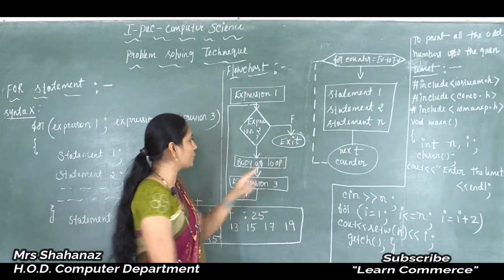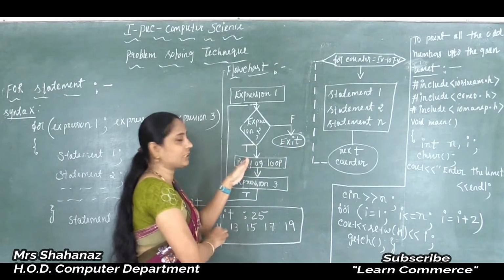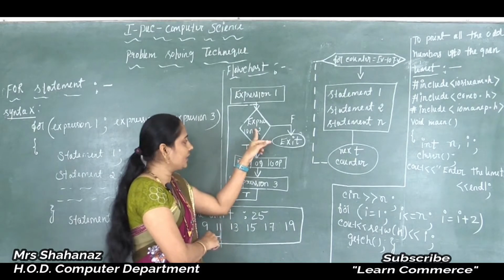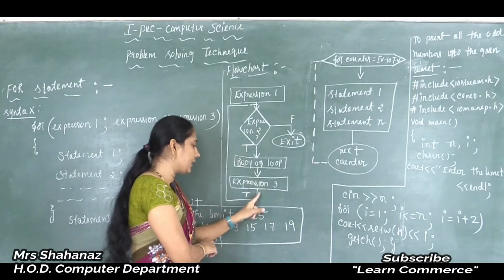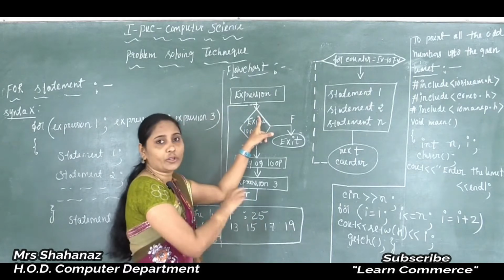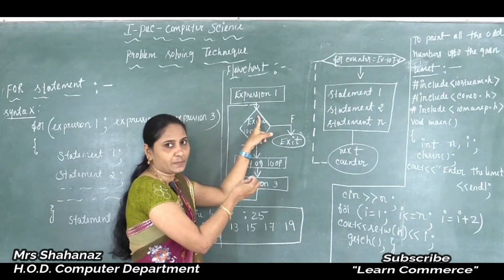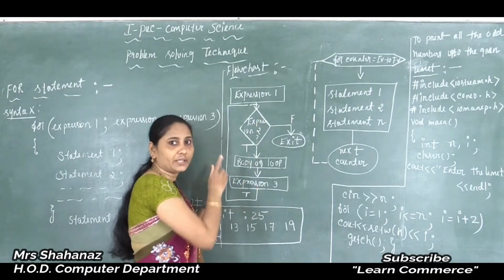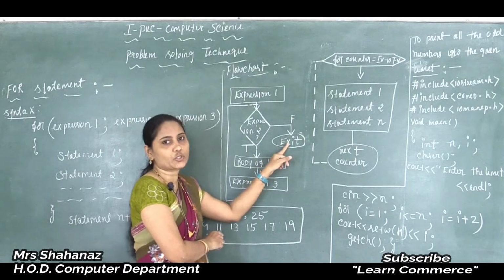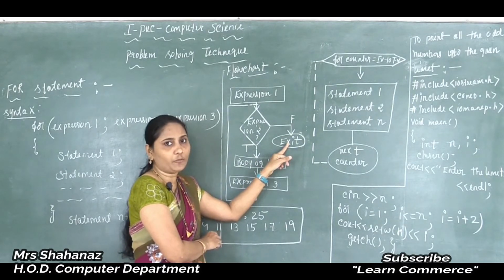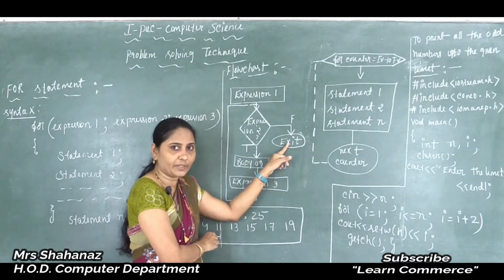If the condition is true, it is going to execute one after another. True means executing, then going to check the next condition after displaying one statement. If the condition is false, it is going to stop the program. So understood the flowchart meaning of the for statement, okay?